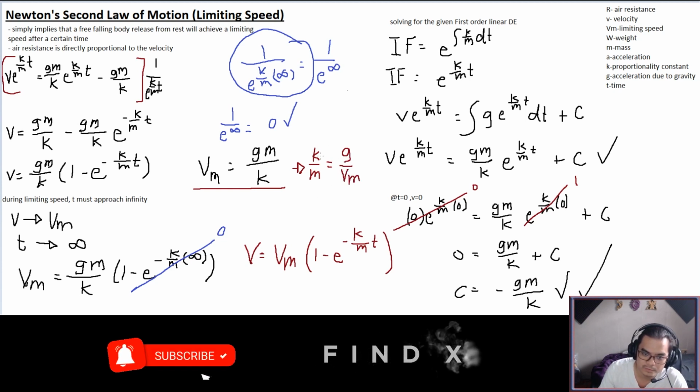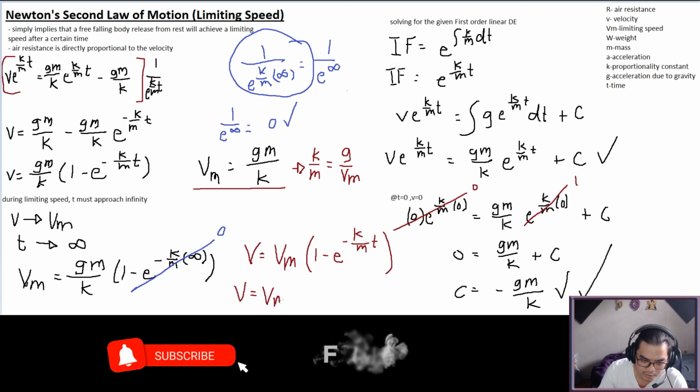Therefore, k over m can be replaced by g over vm. Therefore, the very final formula will be v is equal to the limiting speed vm multiplied by 1 minus e raised to negative g t over vm.